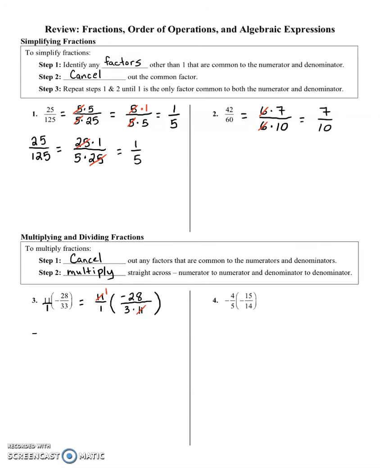And so now we have 1 over 1 times negative 28 over 3. And we multiply straight across. So we have 1 times negative 28 is our new numerator. And our new denominator is 1 times 3. And so that gives us negative 28 over 3.